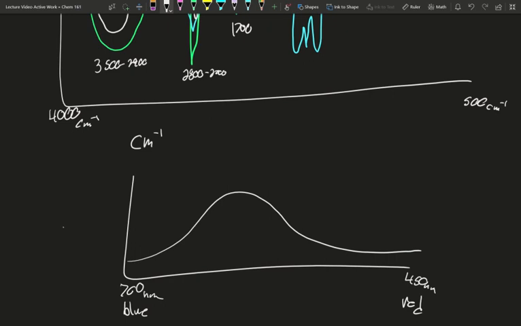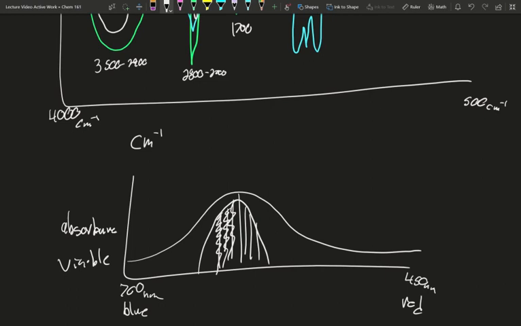This was our absorbance in the visible. Why is that peak broad? Well, because it actually has a lot of little adjacent vibrational modes, and then each of those is smeared out due to Doppler effects to create one broad curve.